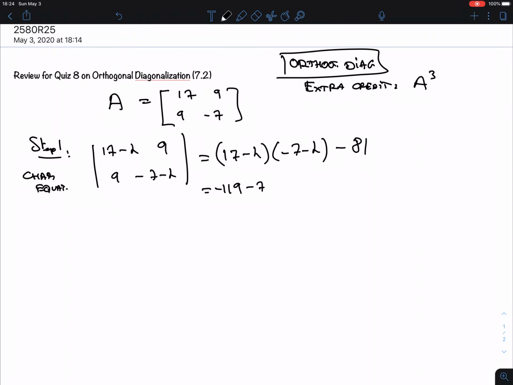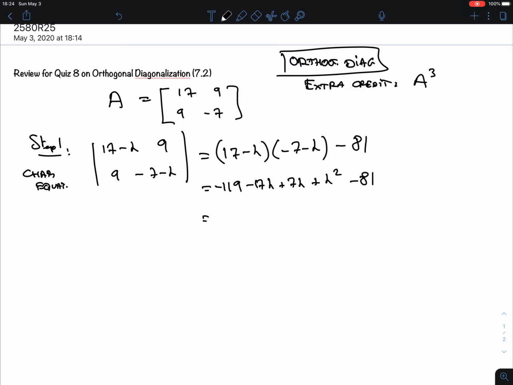Then minus 17 lambda plus 7 lambda plus lambda squared minus 81. So minus 119 minus 81, well, let's write lambda squared first. Then the powers of lambda, that is minus 10 lambda, and then these two together, that is minus 200.